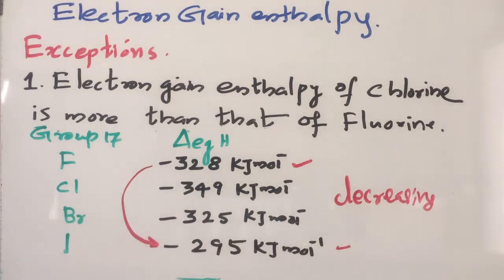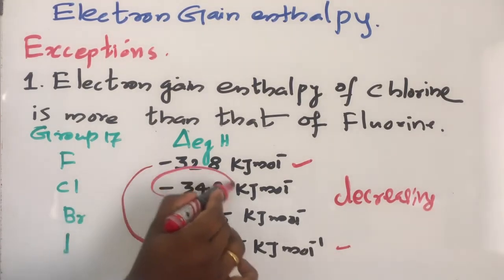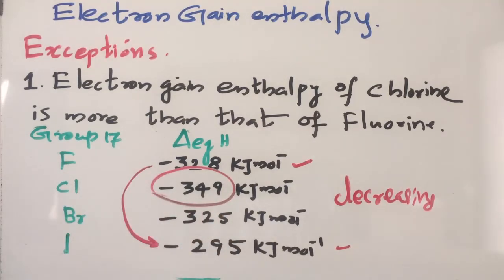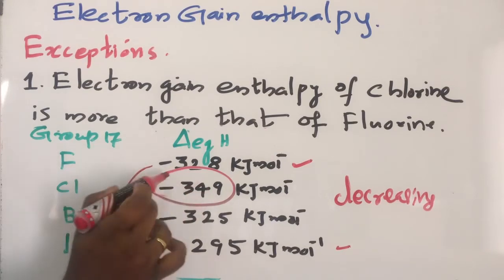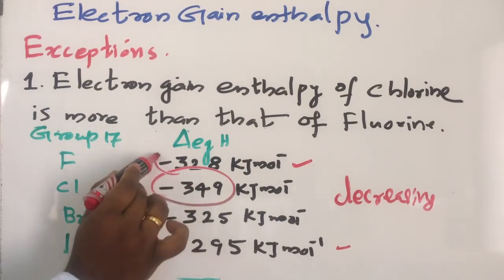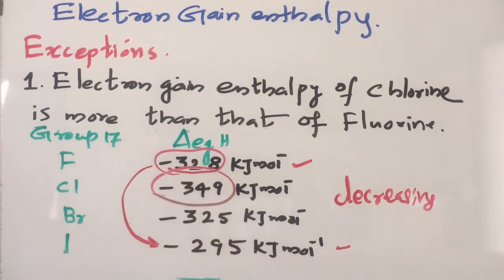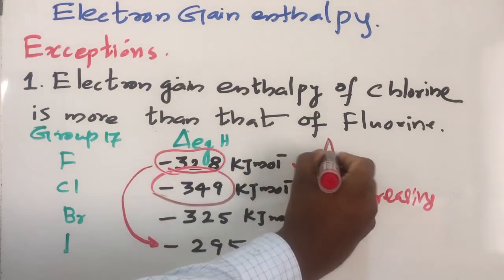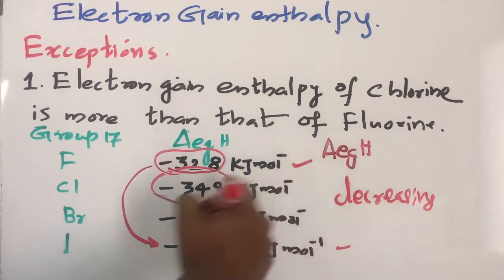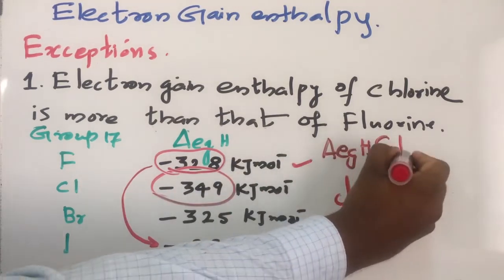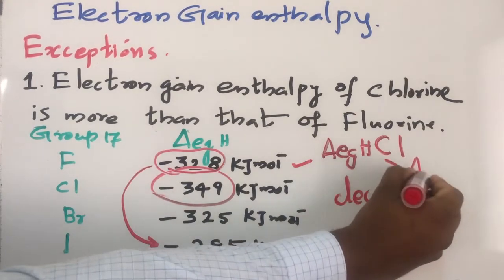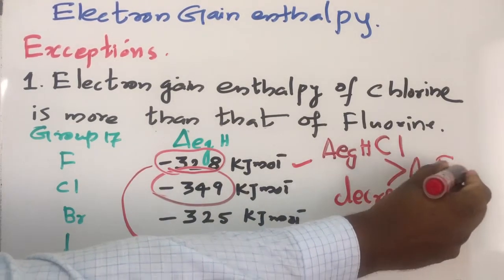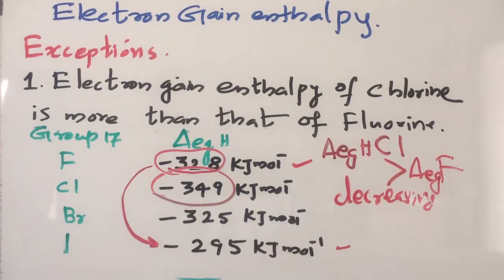But see here, minus 349. The value minus 349 is higher than fluorine's electron gain enthalpy of minus 328. Electron gain enthalpy of chlorine is found to be greater than that of fluorine.